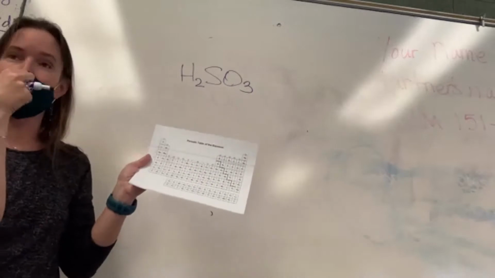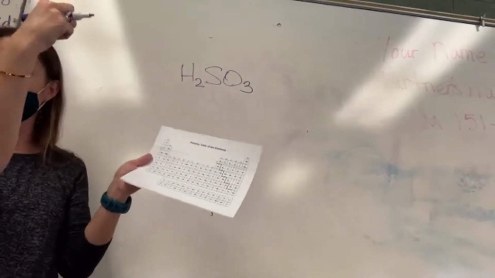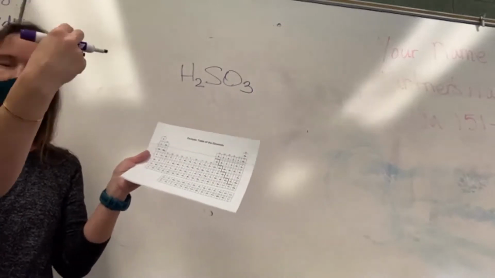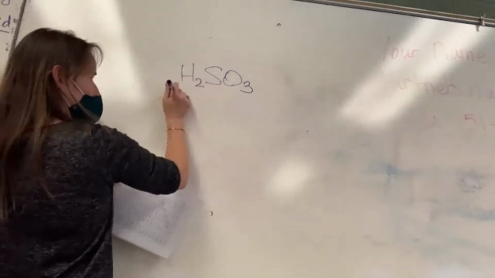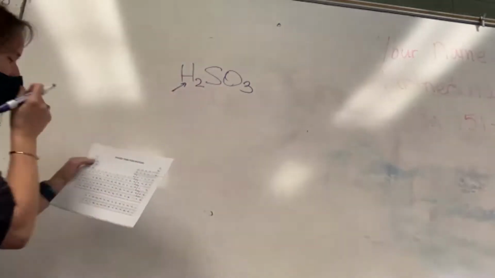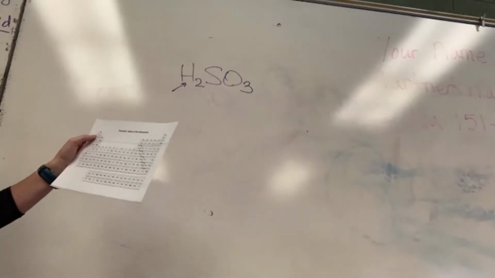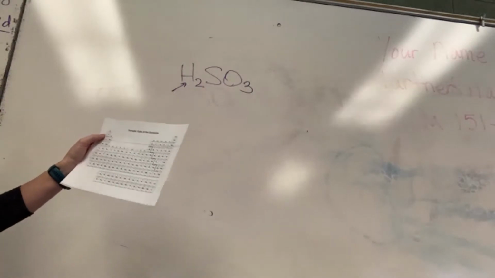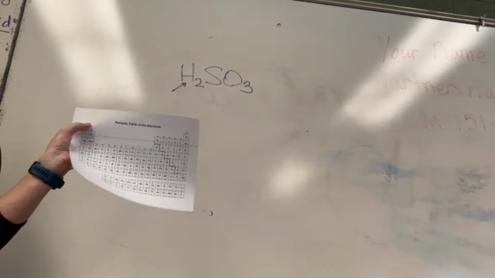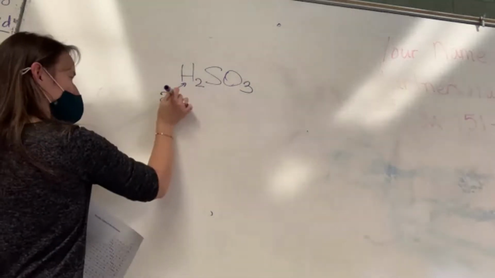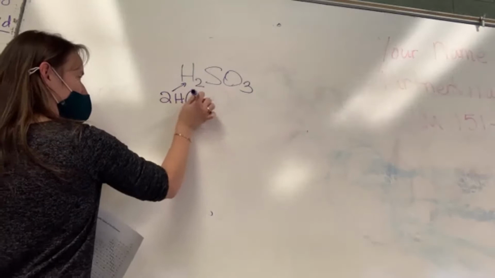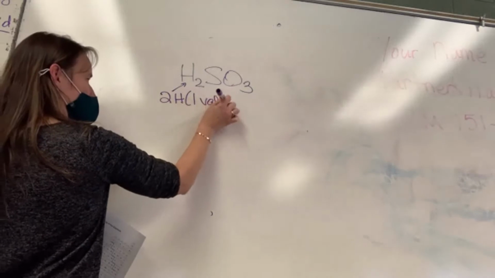So the group A number, that's the top number, not the period, because the period is the outer energy level, but the group number. And so 1A for hydrogen has one valence electron. So there's two hydrogens, and there's one valence electron each.